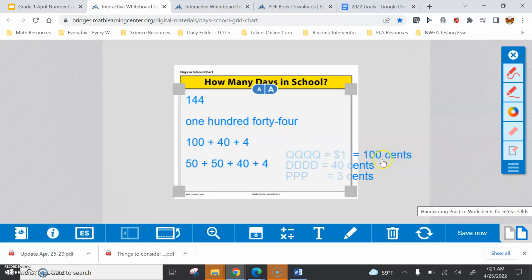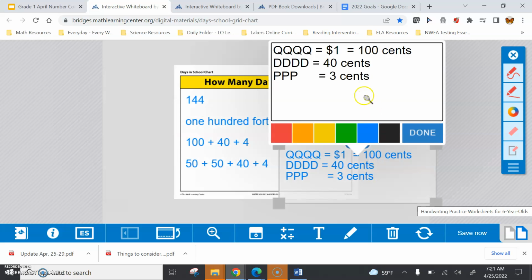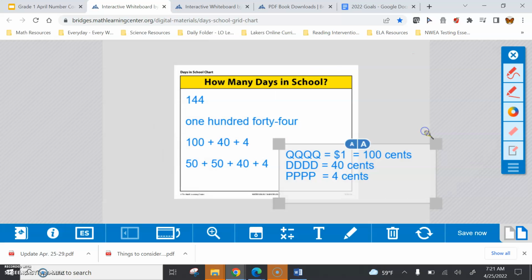That all equals 144. And here, using coins, we have $1.44. Different ways to make 144.